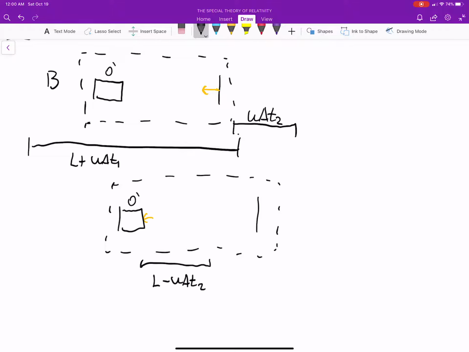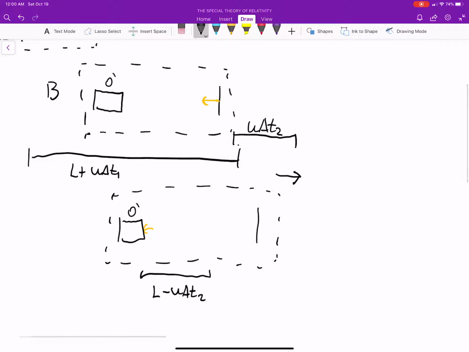The system still moves to the right, and now the light is going into our device. That's where we have this tick. There we can see the distance is L minus u times delta t2, which is the distance it's moving back, to go from here to there.